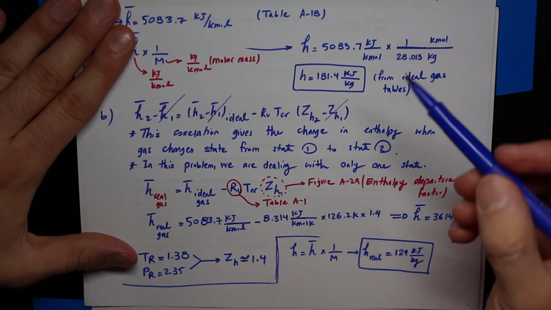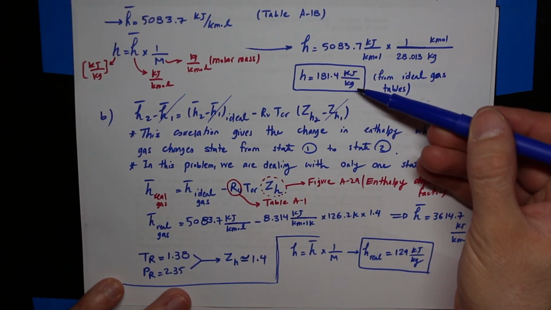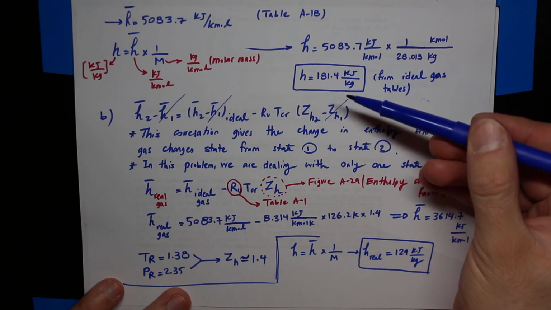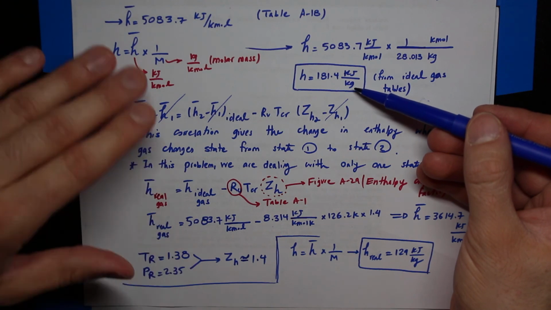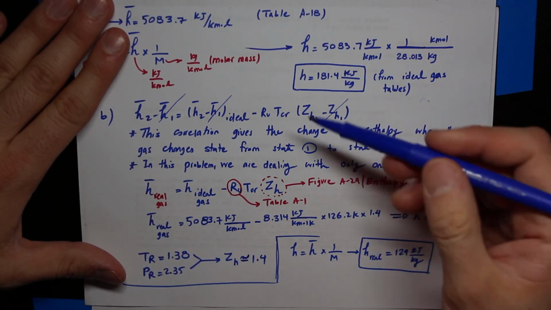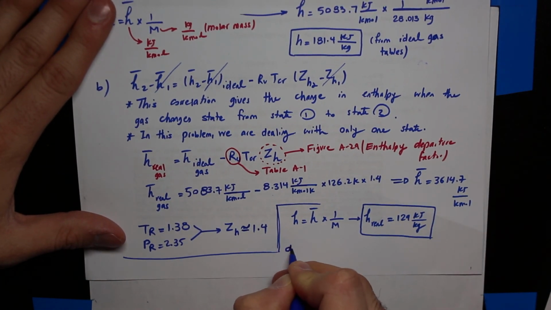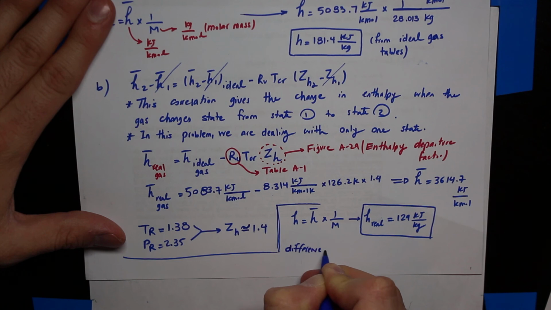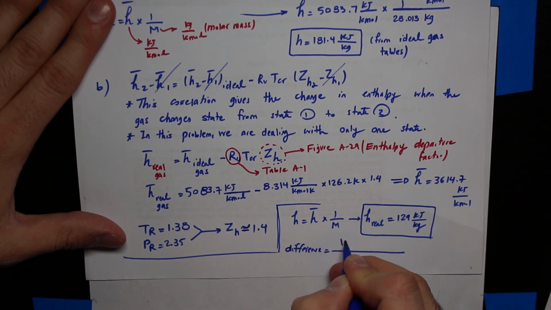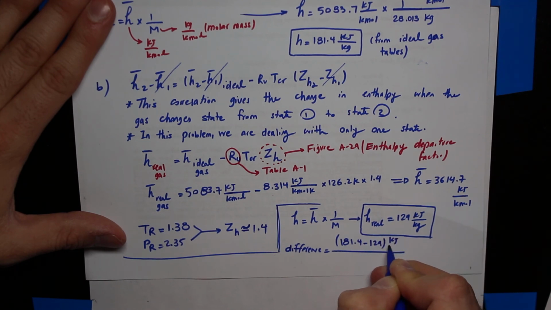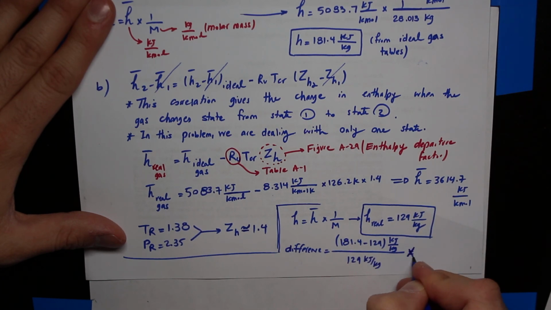So in part B, this is the H value that we obtained for nitrogen, 129 kilojoule per kilogram. In part A, we obtained 181 kilojoule per kilogram, but part A was coming from the ideal gas tables. Now, if you calculate the difference between these two, just for the sake of practice, it is going to be 181.4 minus 129 kilojoule per kilogram over this number, 129 kilojoule per kilogram, multiplied by 100%.